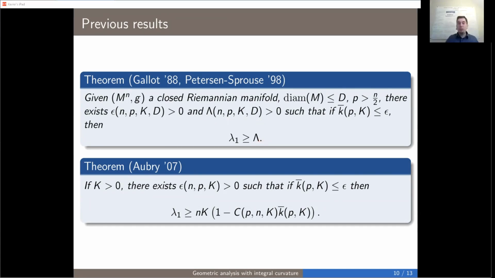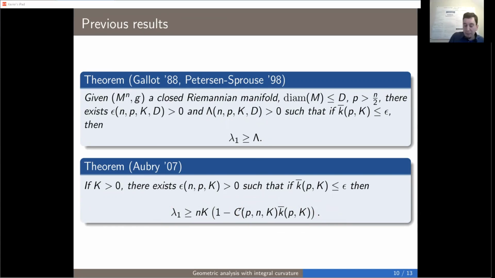The first sharp version of an estimate here on lambda 1 is due to Aubry in 2007, who generalized the estimate of Lichnerowicz that I showed you earlier. Okay, so Aubry basically showed that in the positive curvature case, you have this kind of bound, where lambda 1 is bigger or equal than nk times 1 minus a multiple of the amount of integral curvature that you have.